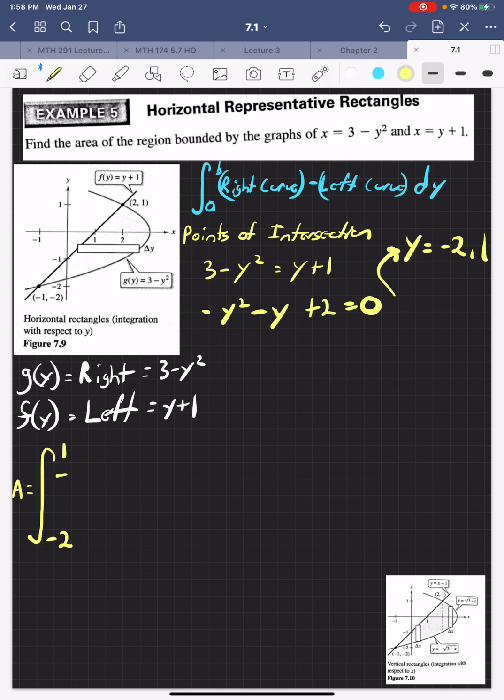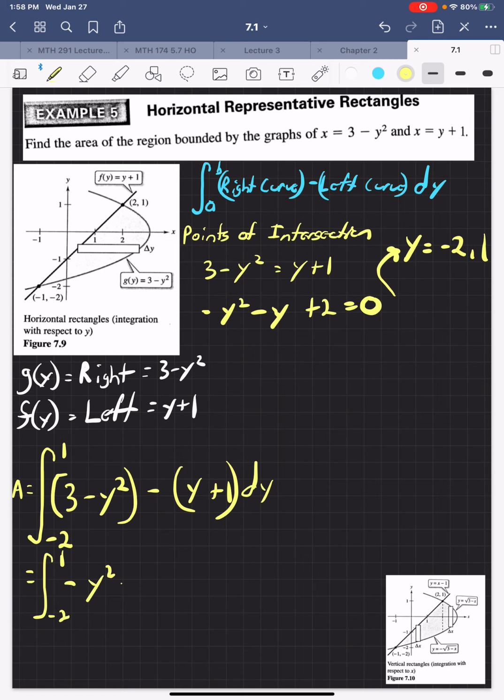So that's going to be 3 minus y squared minus y plus 1. And last thing is we are integrating with respect to y. Okay, so combine like terms, and we have negative y squared minus y plus 2.